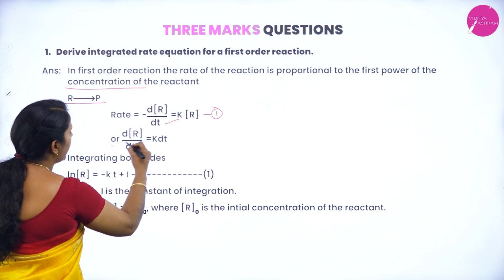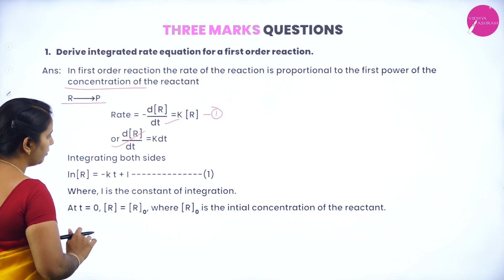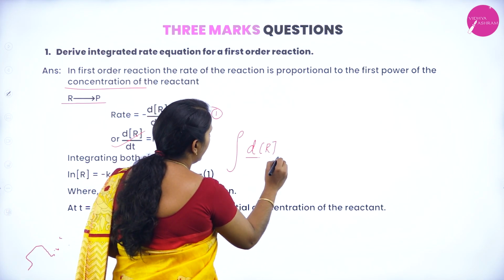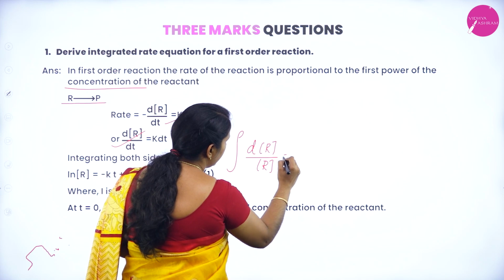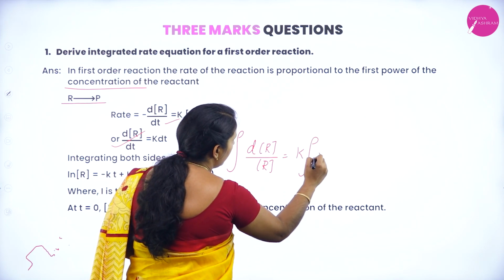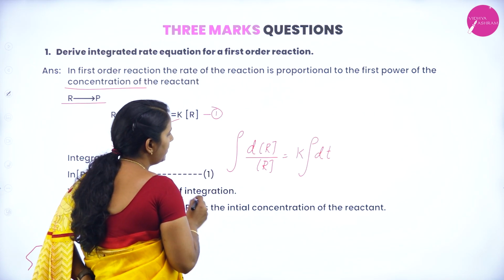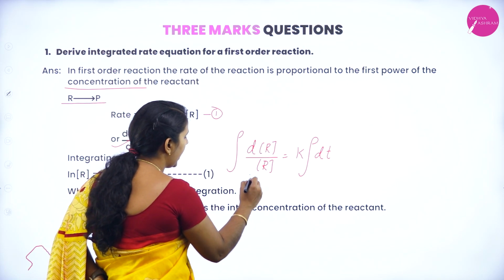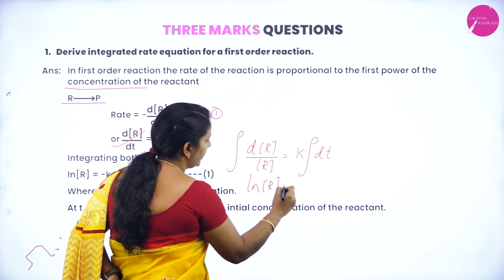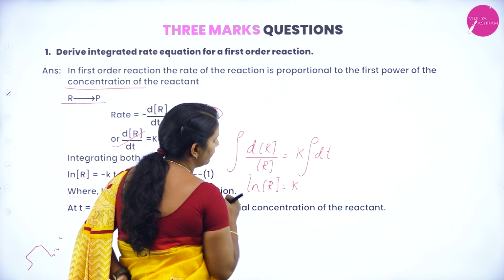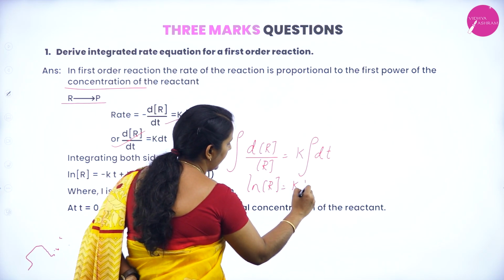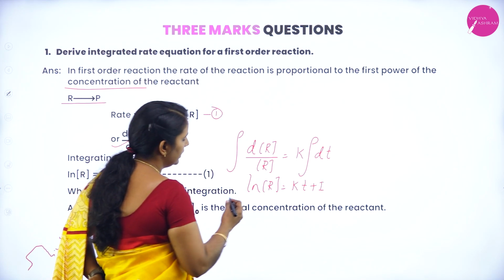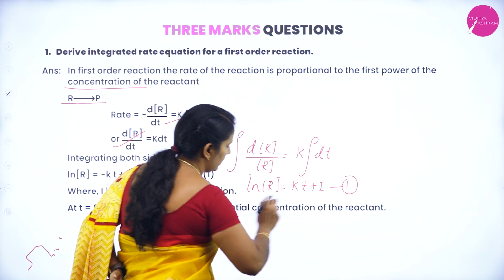Now, for this equation, if you integrate on both sides, the integration of d[R] divided by [R] is nothing but ln [R], and we know that k is a constant. The integration of dt is nothing but t plus an integration constant I. This is my first equation.